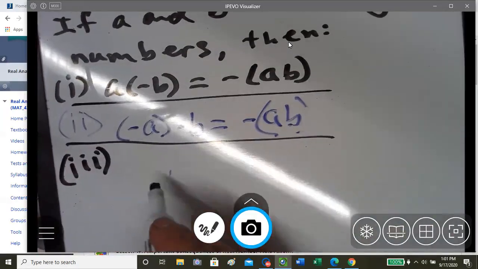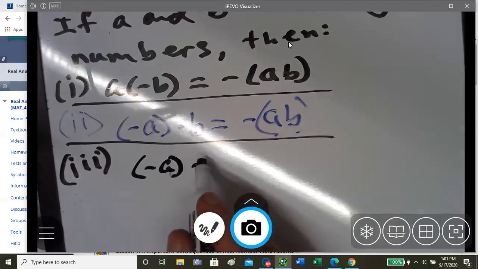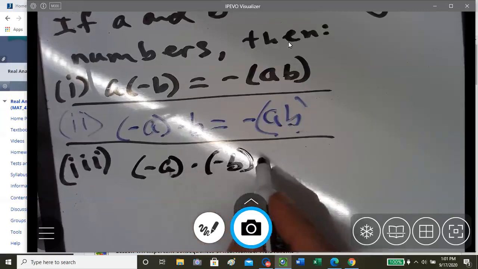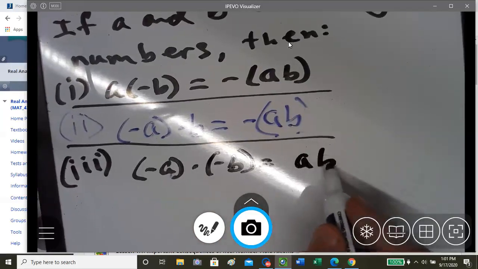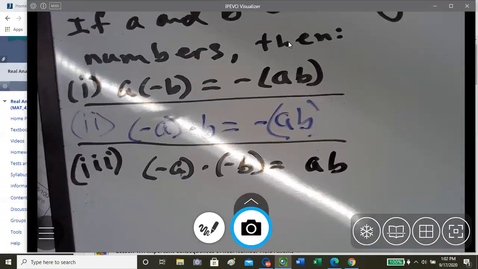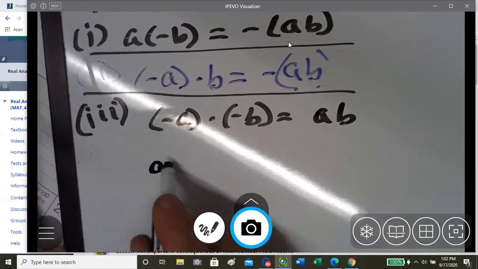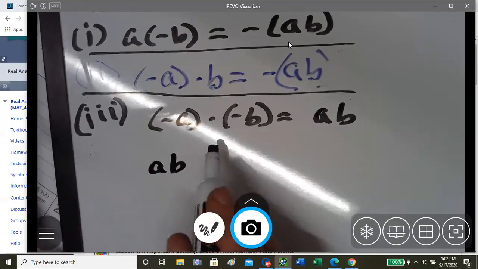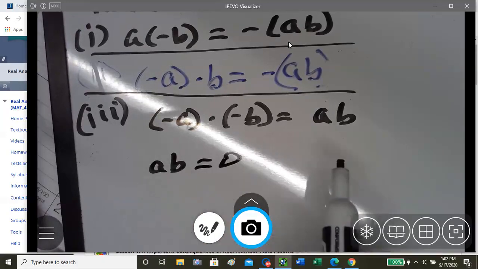And that one states negative a times the negative b equals just a times b. All right, so now we're going to use ab equals 0. Before we said b times 0.